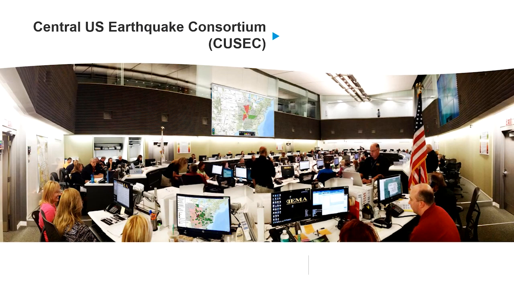Done well, this is what it can look like. The Central U.S. Earthquake Consortium has done an amazing job of pulling those steps together into a capability that's second to none.